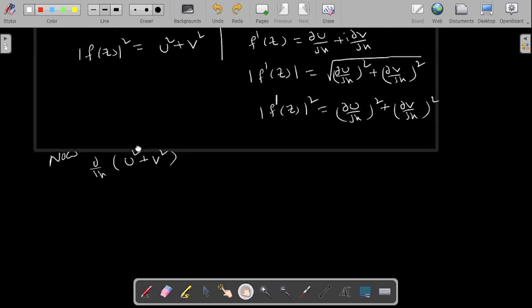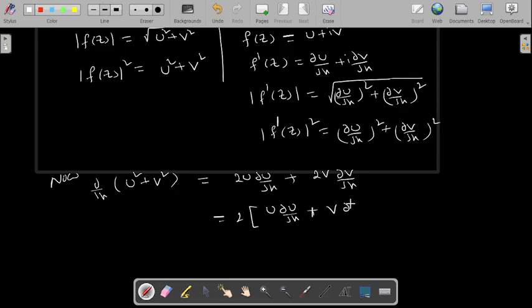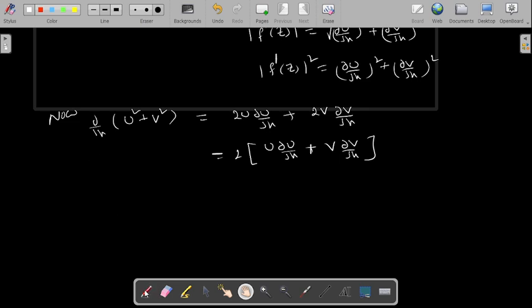What is |f(z)|²? It is u² + v². So the first differentiation: ∂/∂x of u² + v². The derivative of u² is 2u ∂u/∂x, and of v² is 2v ∂v/∂x. Taking 2 common, we get 2(u ∂u/∂x + v ∂v/∂x). You got the first differentiation.